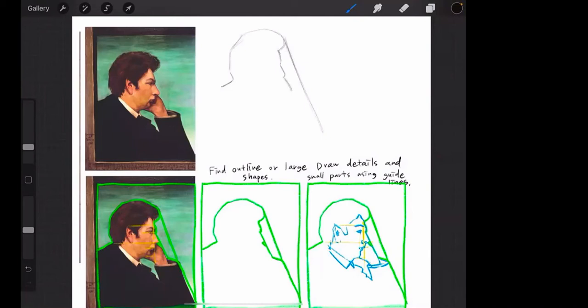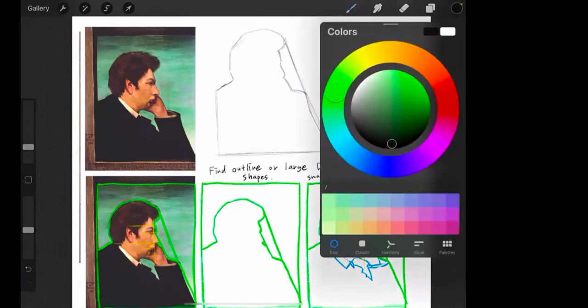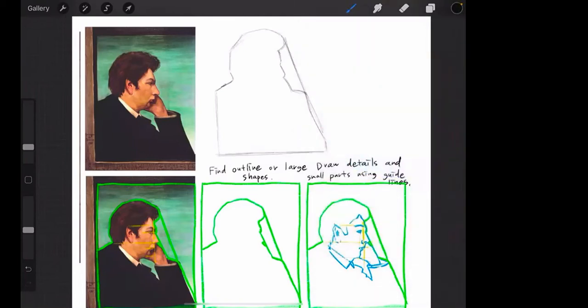So the hand. If you get used to this method, it will be so much easier to draw a figure. So like that. If you want, you can use a guideline.